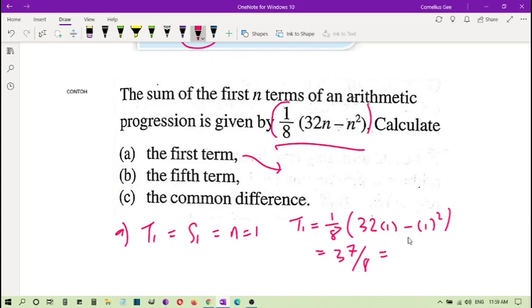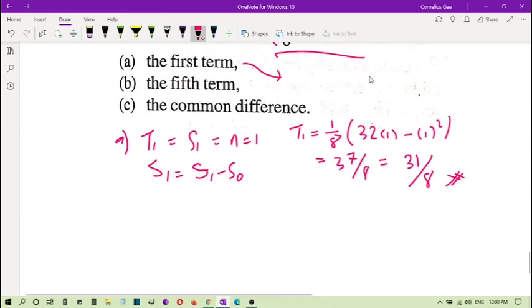So it's 31 over 8. So this is the first term. Basically, first term is also S1. You can use S1 minus S0. So 0 term, so it's actually 0.